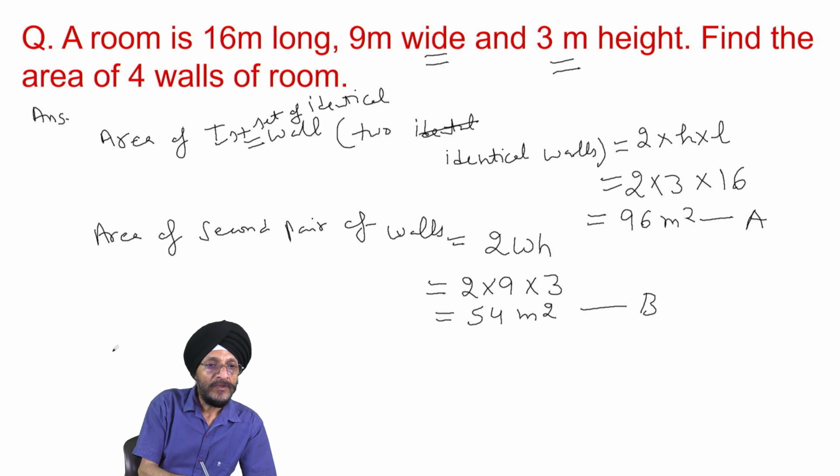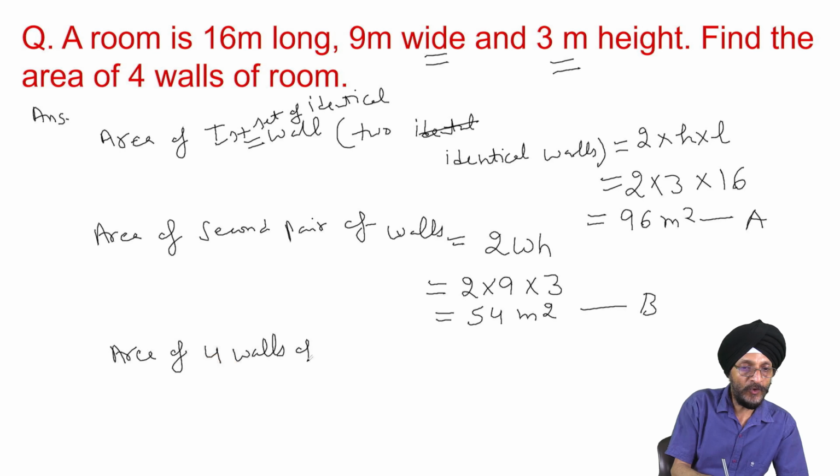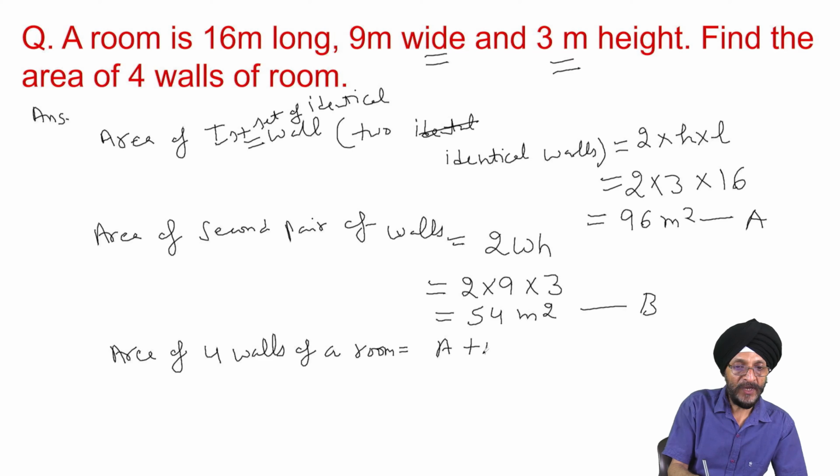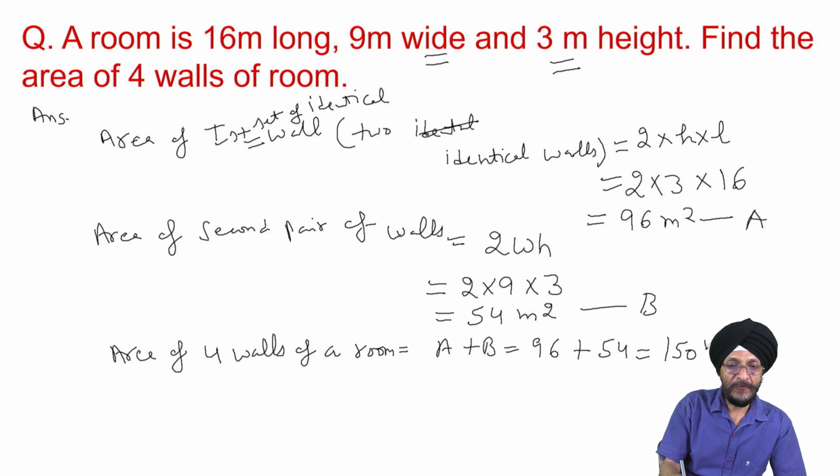Now the area of four walls of a room is equal to A plus B. A has been calculated as 96, B has been calculated as 54, and the answer will come to 150 square meter.